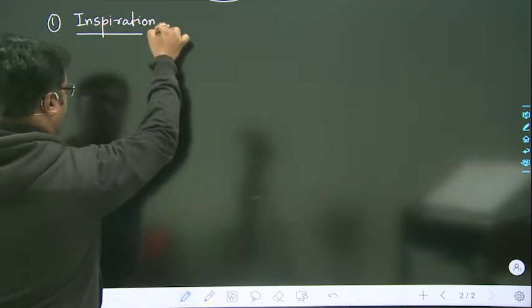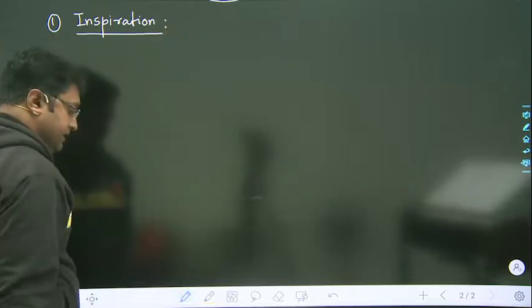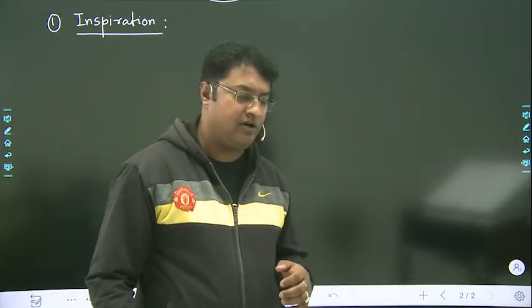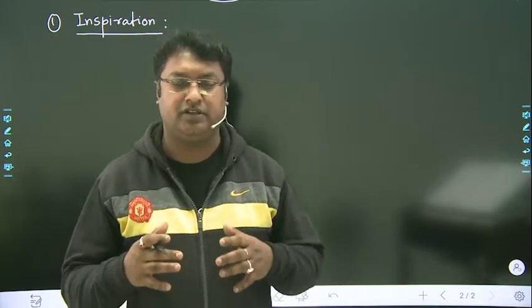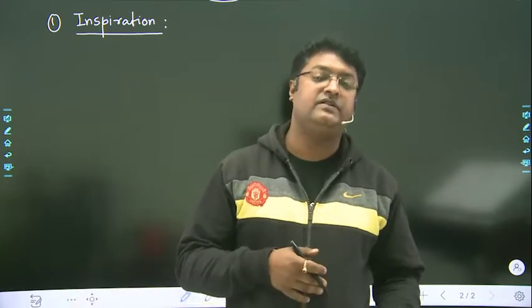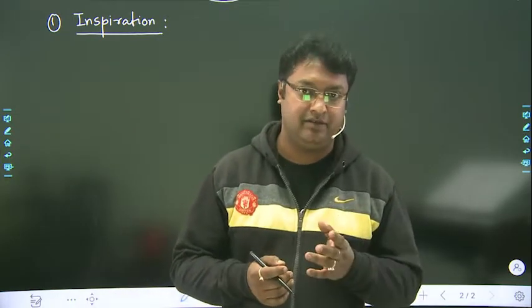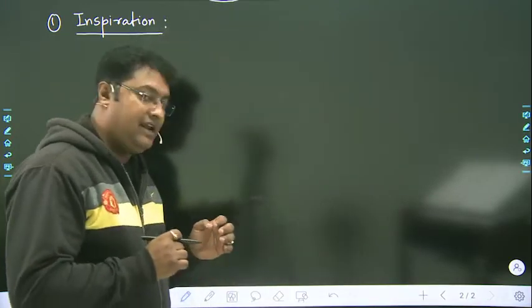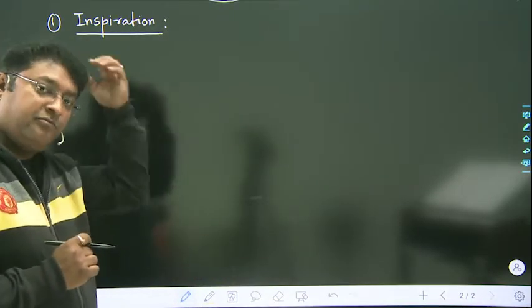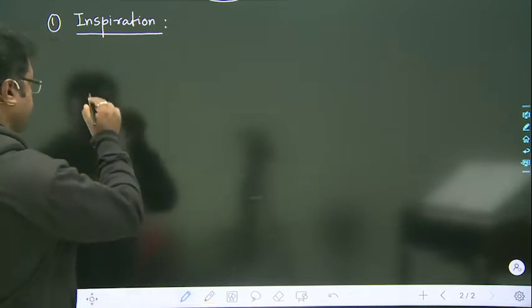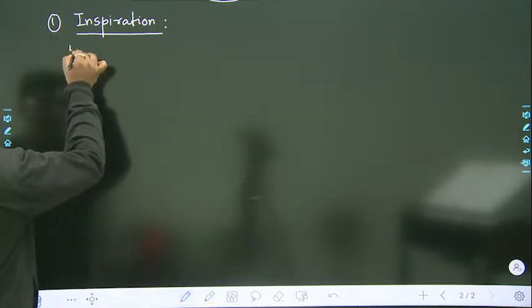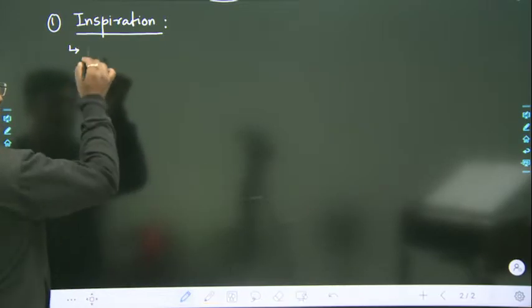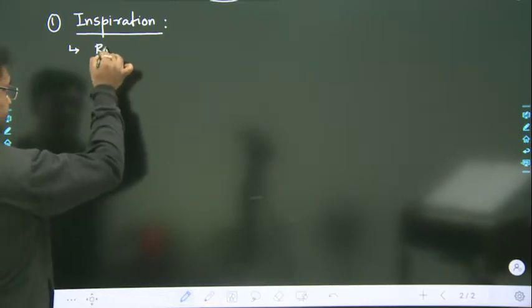Inspiration. If I talk about the details or theories which we have learned in the previous classes, that is in class 10th, there was also the life process one. So in that case, we can remember certain points from here. First of all, inspiration was related to the movement of the ribs.